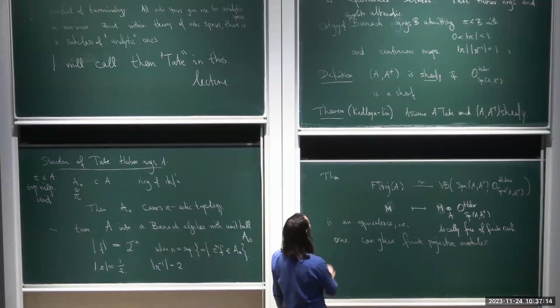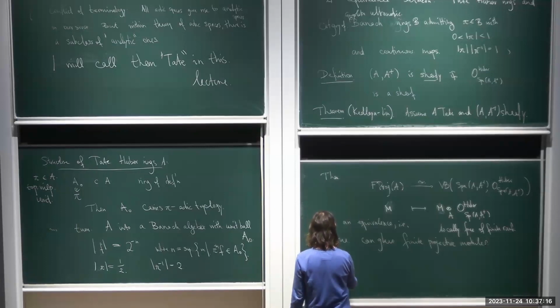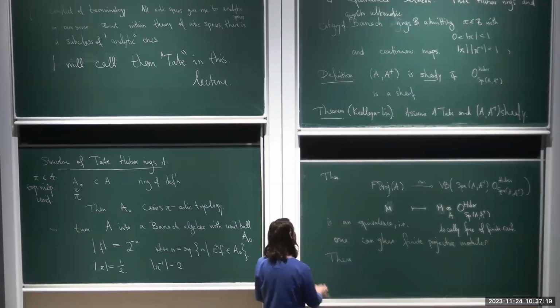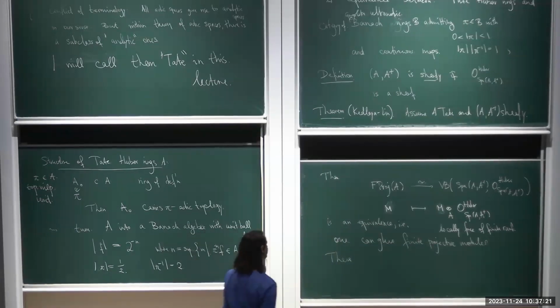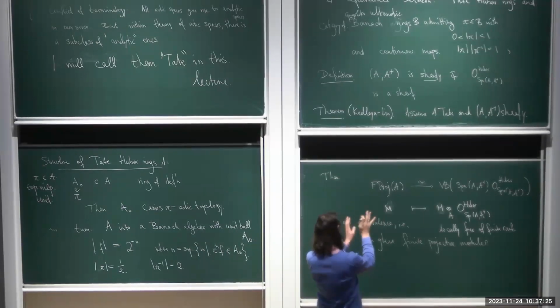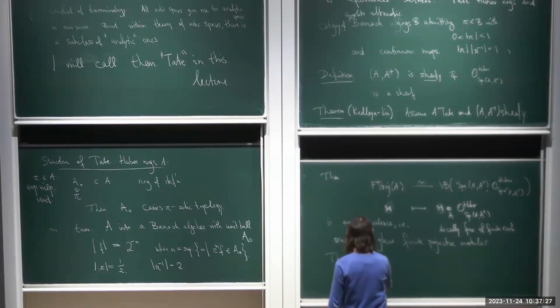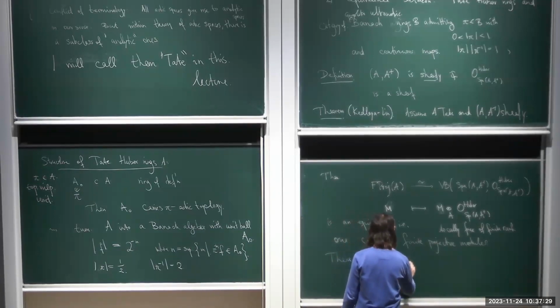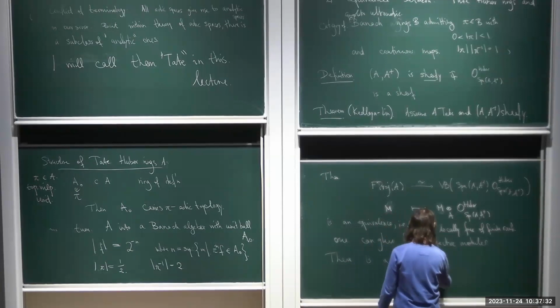And somewhat later, they also proved that there is some version of this that works for some kind of coherent or pseudo-coherent modules, but I don't want to state the precise theorem because the precise result is actually a bit subtle. For vector bundles, it's extremely clean. Let me just say there is a version for so-called pseudo-coherent modules.